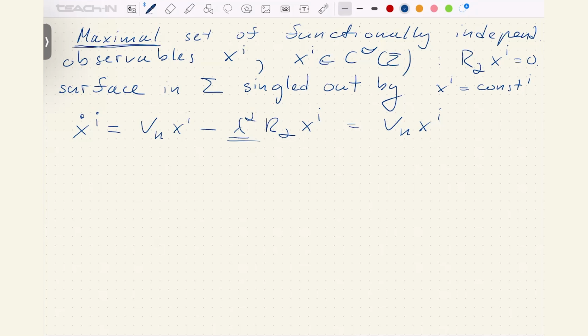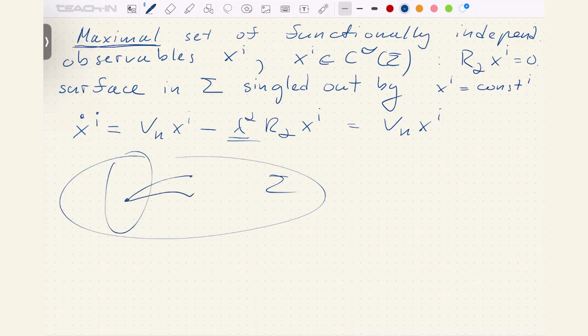So if we are on sigma, start somewhere and evolve, then because xi of this point is equal to xi of this point, these two points again belong to the same gauge orbit. If we start somewhere else, in the same time we again get to the same orbit.